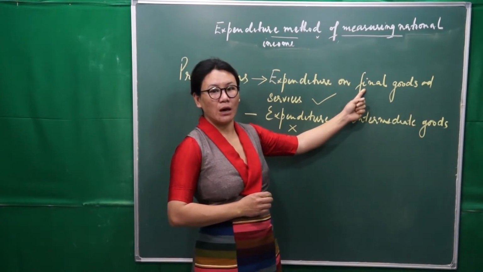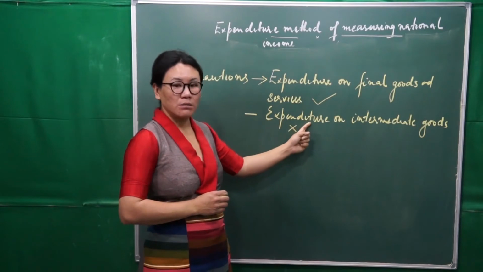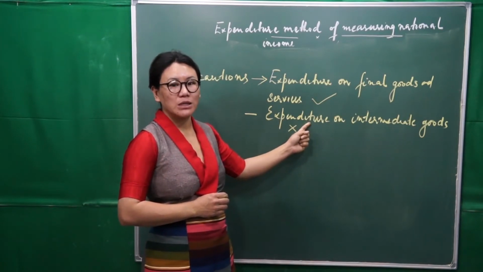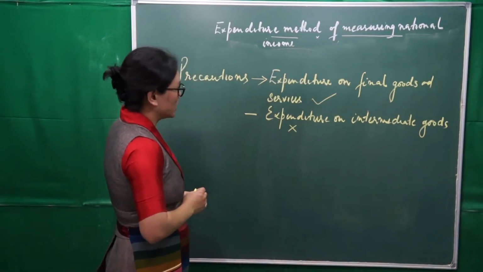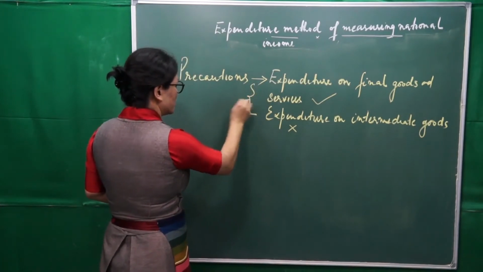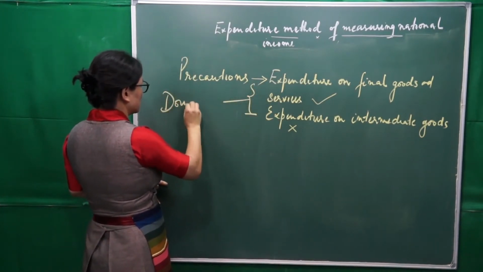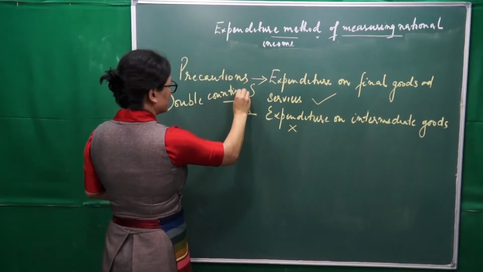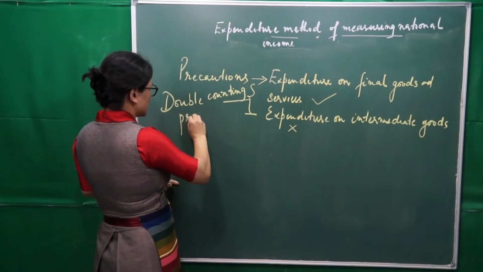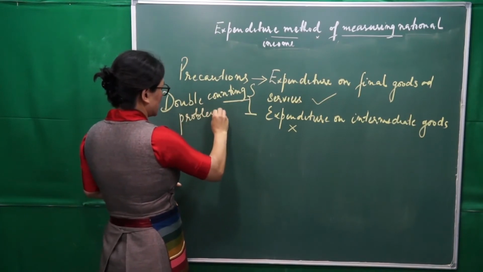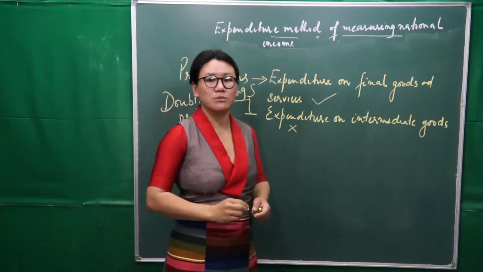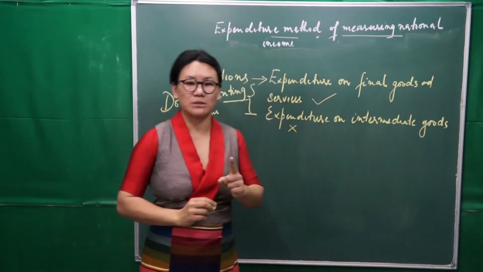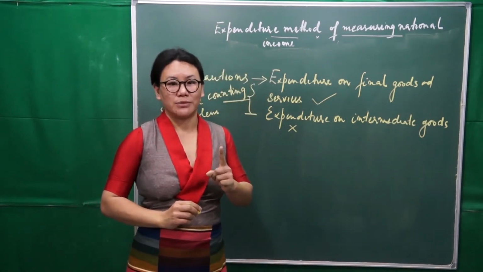And if we are including such expenditure again, then it will lead to double counting problem. Or we can say it leads to overestimation of national income. Okay, this is the first precaution that we have to take.